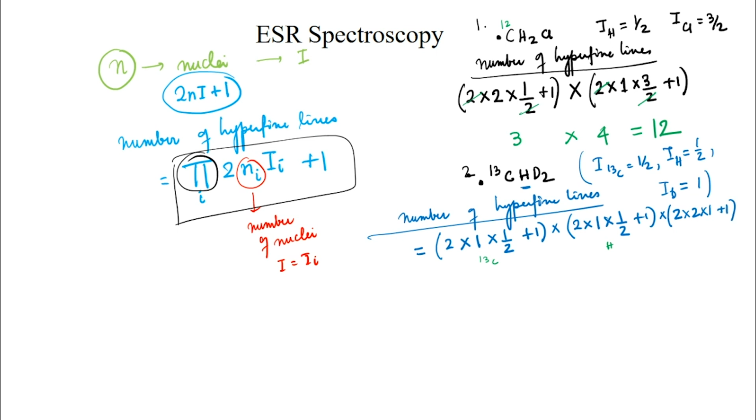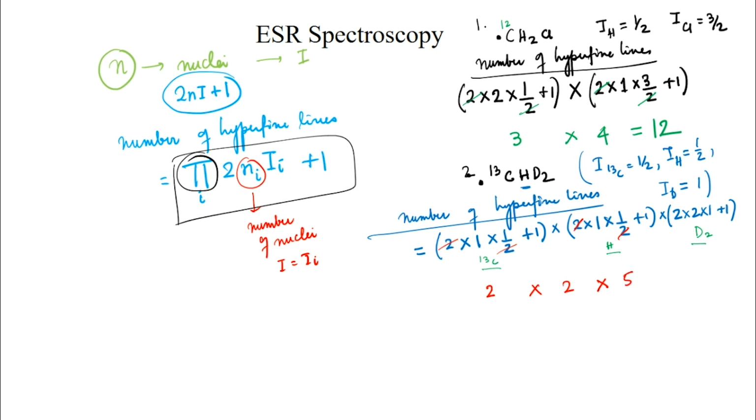This is where I am looking at the D2 case, and in total we have the 13CHD2 radical. So, we can write this: the 2 cancels, that is 1 plus 1 is 2, times the same thing, times 2 times 2 plus 1, that is 5.